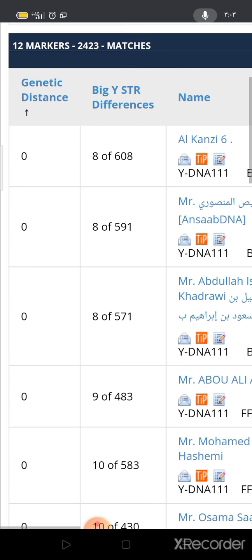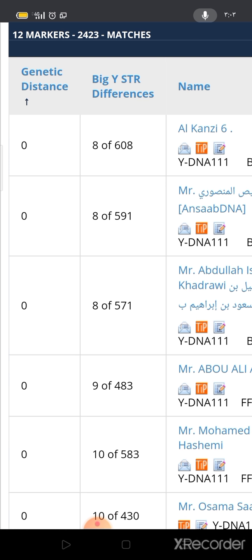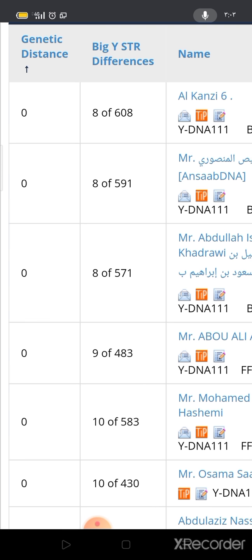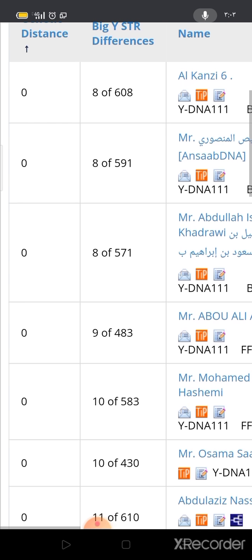It gives more genetic authenticity to our tribal heritage that we are from the Arabs, because Sudan originally is not an Arabic country, but we say that we migrated to Sudan and we are Arab. And in the DNA we see that most of the matches are Arabs.